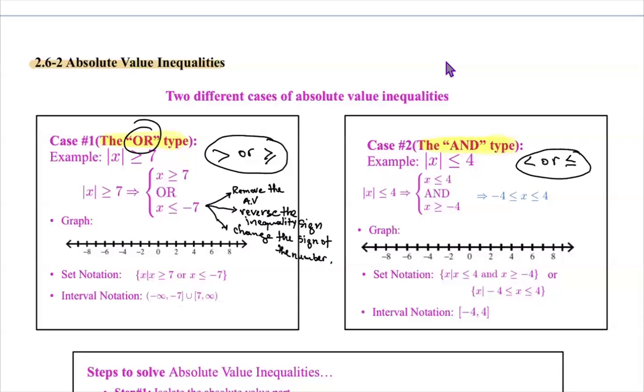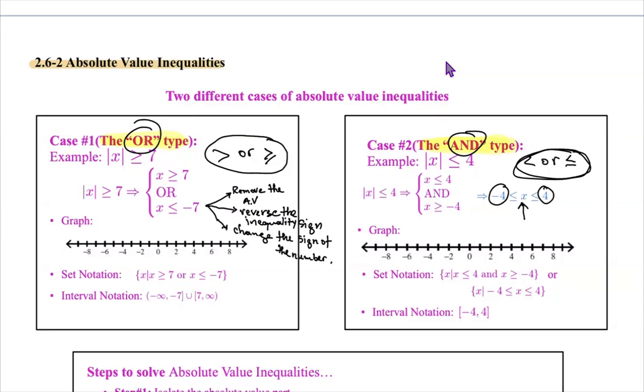Now, we could do the same thing for the AND type when you have less than or equal, but an easy way to set up the AND type inequality is also to set up the x in between the inequality, with the negative number on the left and then the positive number on the right.